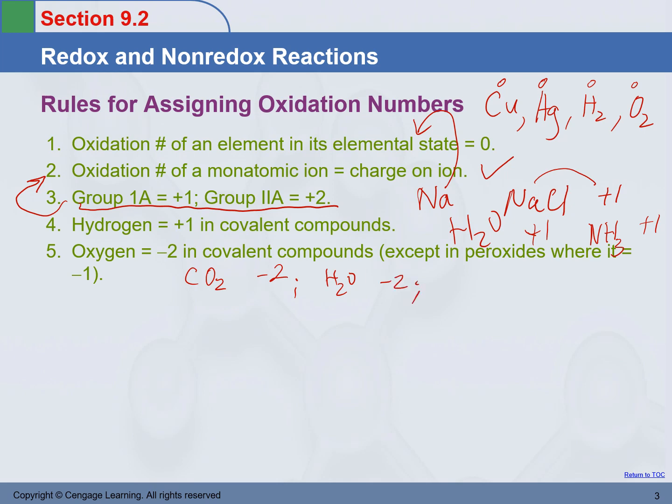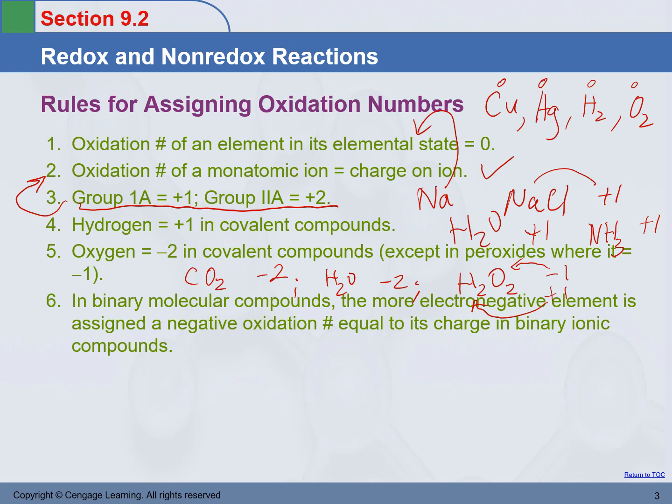Well, peroxide, hydrogen peroxide. This is one of the most common peroxides we're going to encounter. In a peroxide, 2 oxygens are bonded together with other elements after that. Then oxygen is -1. Hydrogen is +1. This is hydrogen, this is oxygen.